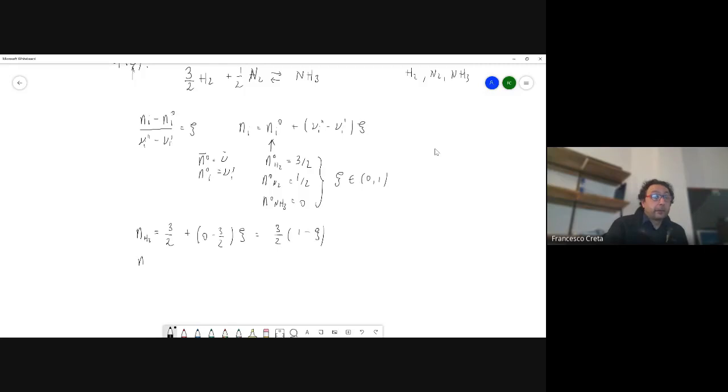For nitrogen, we do the same thing, and we essentially have 1/2 minus 1/2 of psi. It's pretty straightforward. And for ammonia, the number of moles is 0 initial plus 1 minus 0, so this is very simply psi.